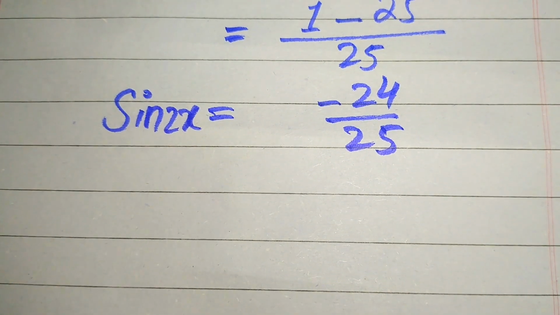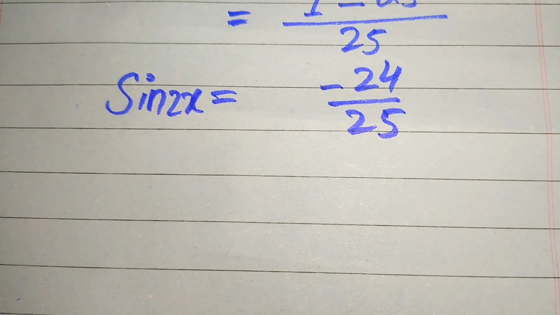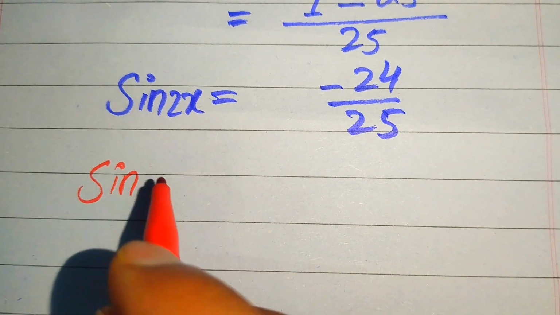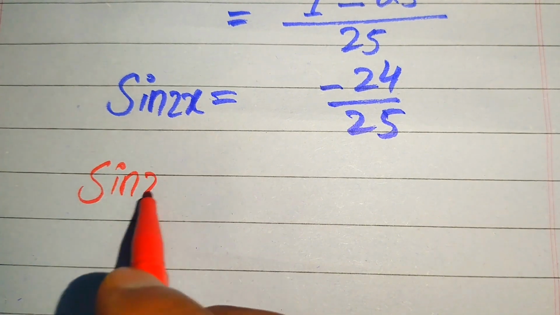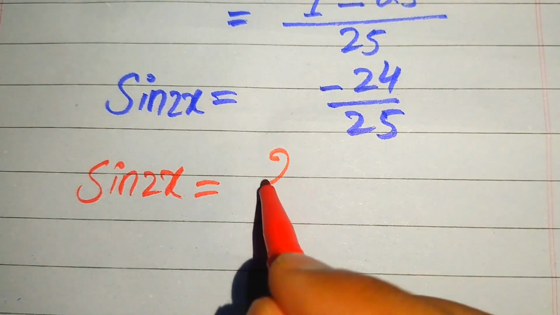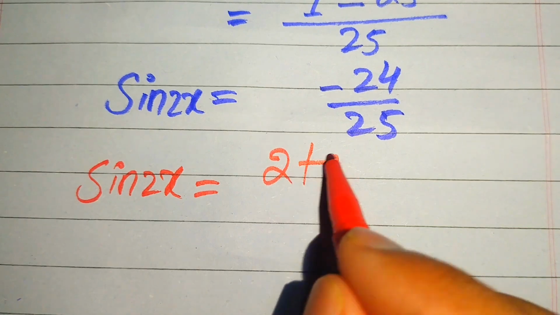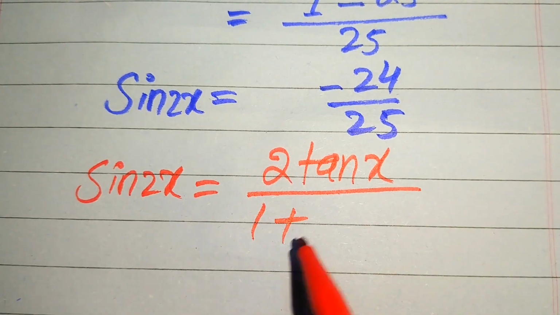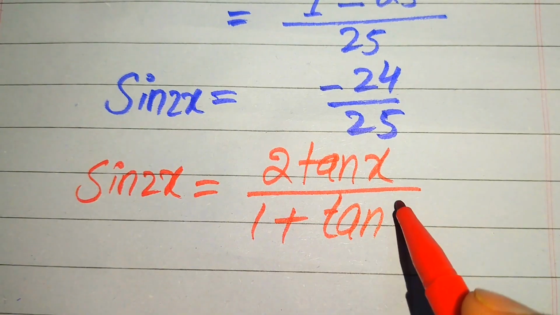So in order to get the value of tan x we use another trigonometric formula. You know that sine of 2x is equal to 2 tan x divided by 1 plus tan square x.